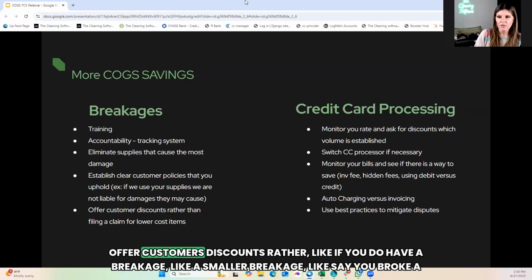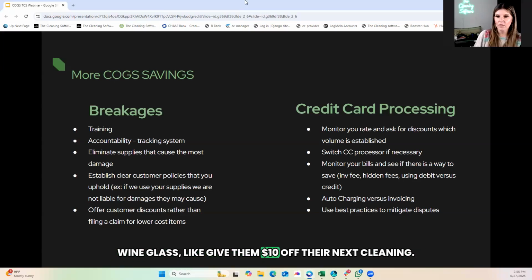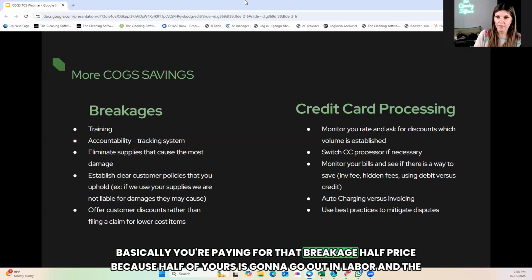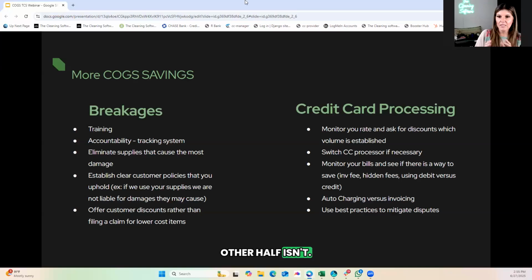Offer customers discounts. If you do have a smaller breakage, like say you broke a wine glass, give them $10 off their next cleaning. Giving discounts on their next service and then replacing it means you're paying for that breakage at half price, because half of it goes out in labor and the other half doesn't.